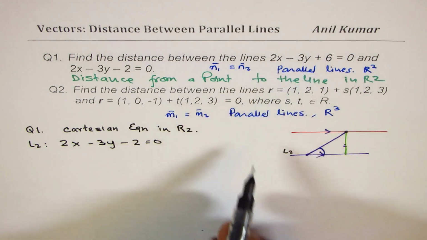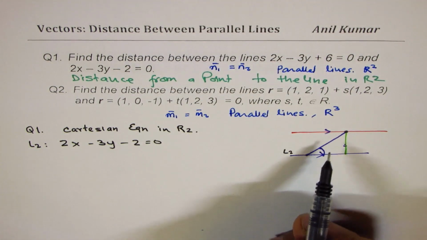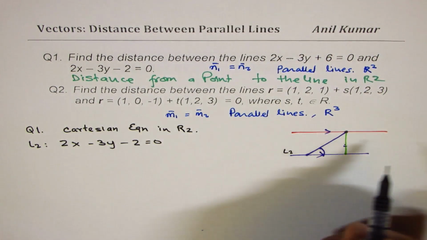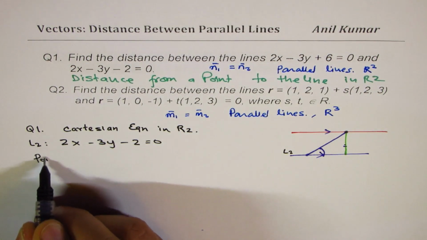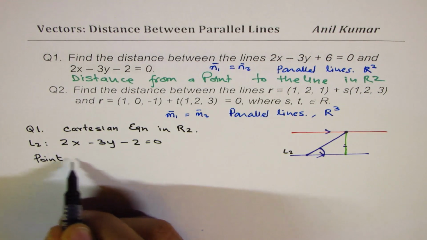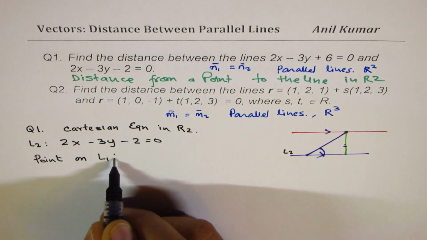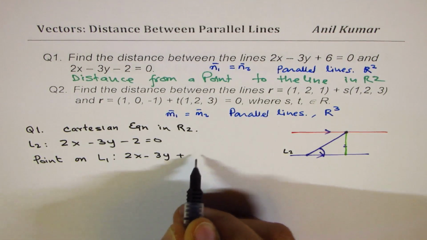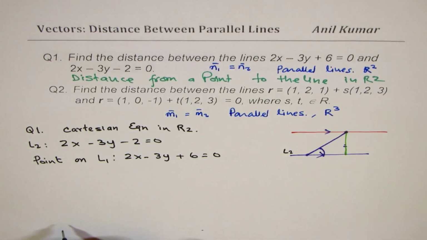The first line is also parallel to this, but what we will do here is we'll find a point on the first line. So let's try to find a point on L1, which is 2x minus 3y plus 6 equals to 0.